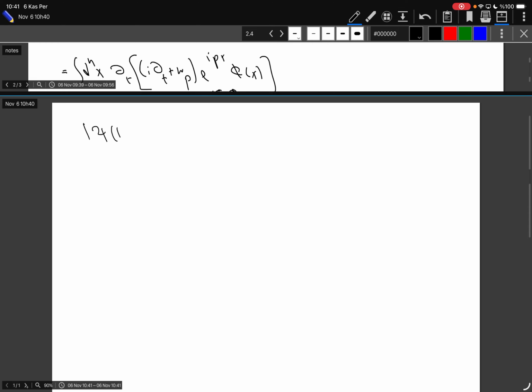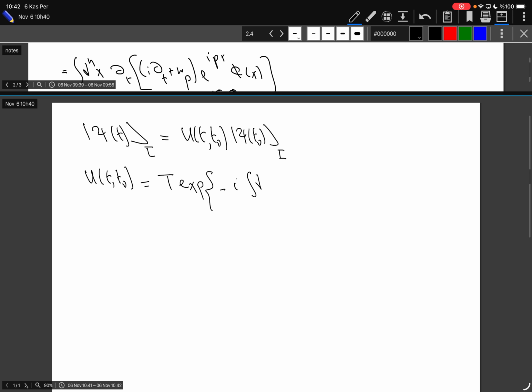let's say that if you know your state at the time t0, your state at the time t can be written in terms of this initial state in the interaction picture by the action of this time evolution operator, where we had also derived that U(t, t0) is equal to something that we define as the time-ordered exponential of minus i integral dt' V(t').